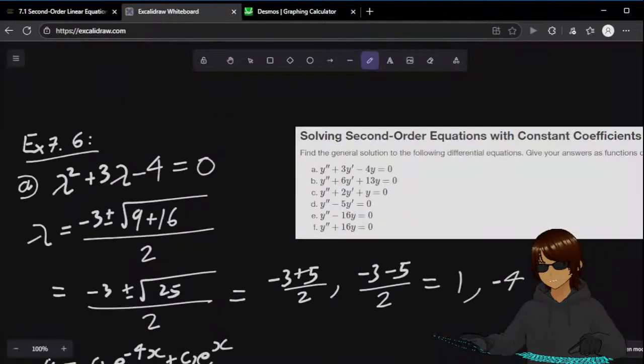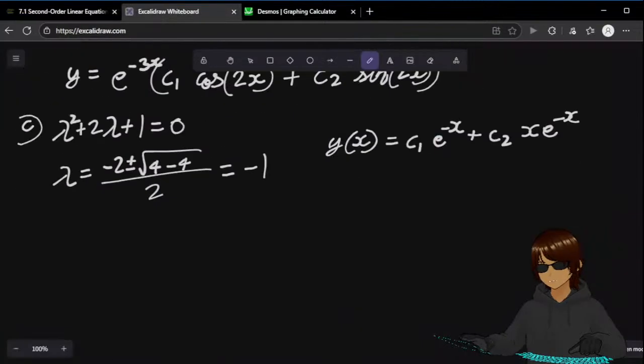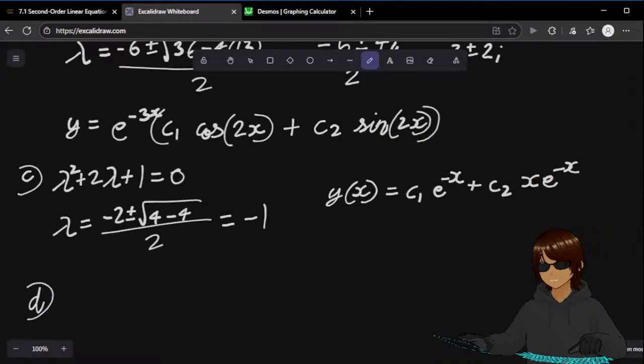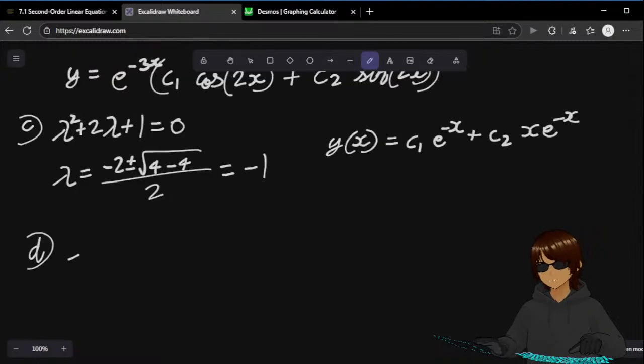Now, question D. What is it? 1 minus 5, 0.